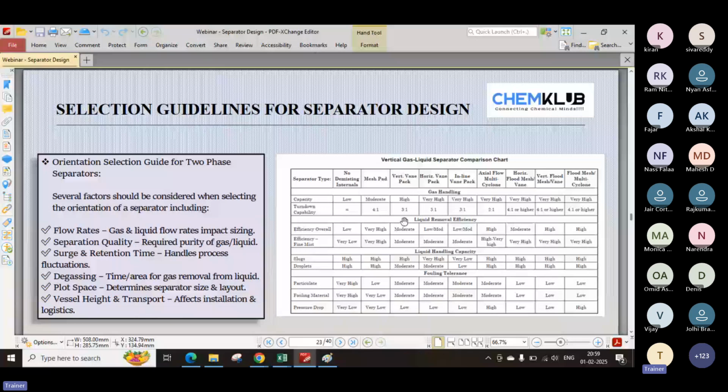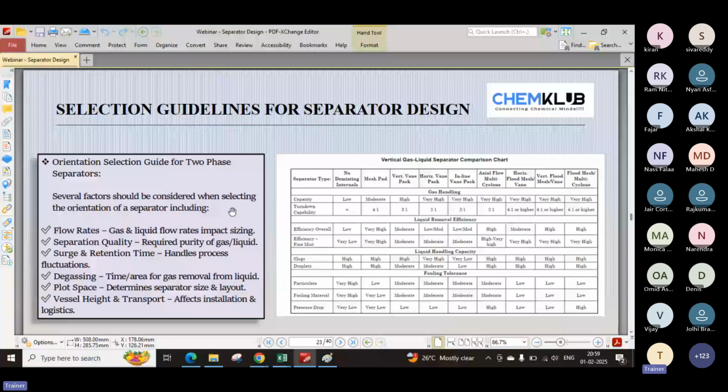So there are various separator modules we have; this is taken from the GPSA again, and then we'll see what factors affect the separator sizing.